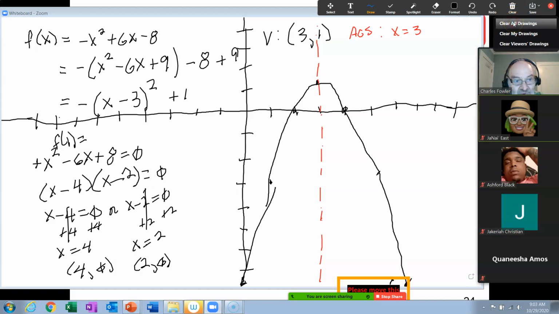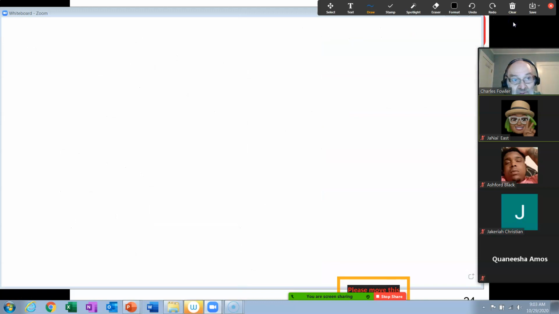All right, clearing the drawing here. Okay, let's do example 4. Now, this is a little bit different. Write the standard form of the quadratic function whose graph is a parabola. Of course it's a parabola. The graph of a quadratic function is a parabola with a vertex of 1, 2.